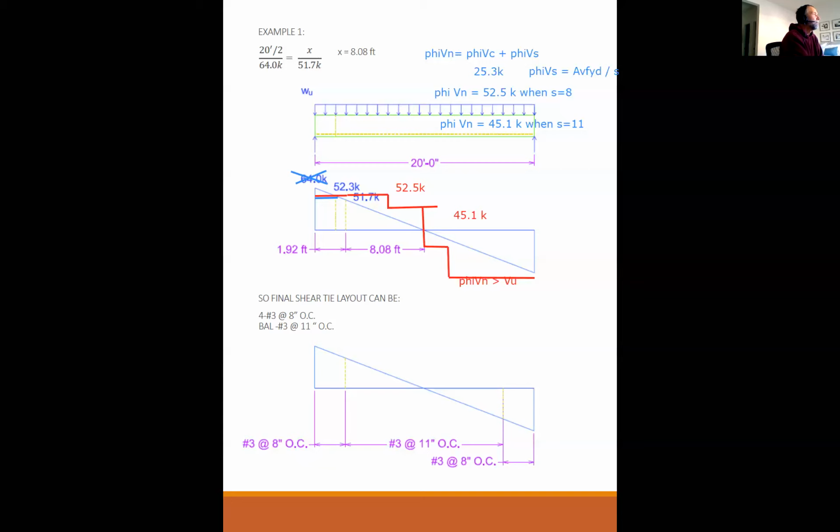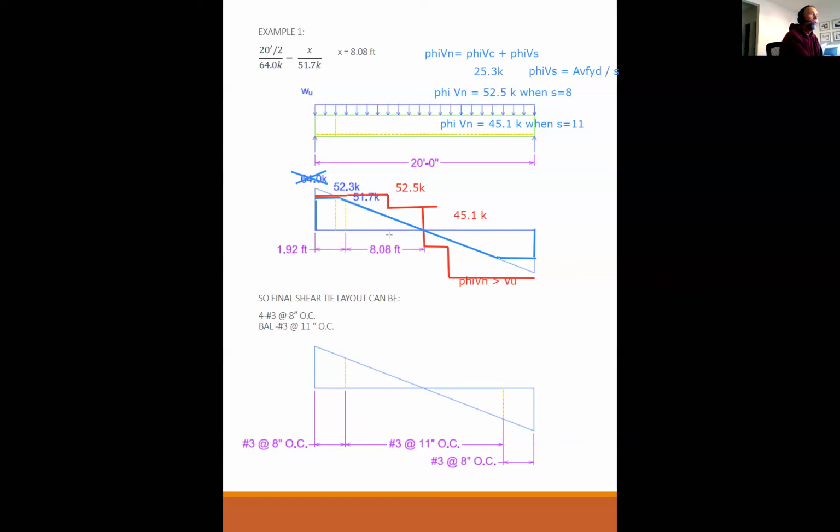But remember that the blue line actually truncates right there as well. So the total blue line goes there, to there, to there, to here.